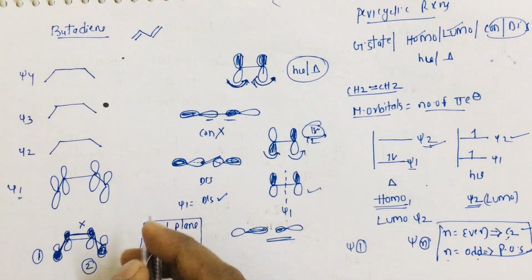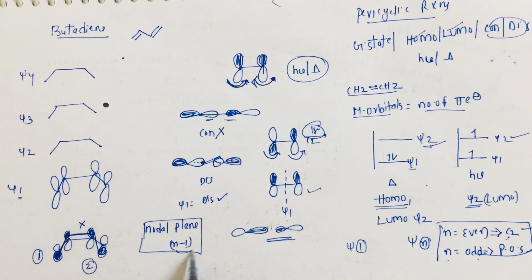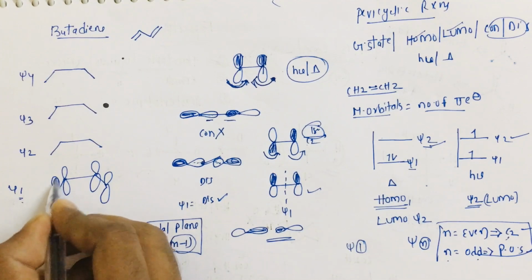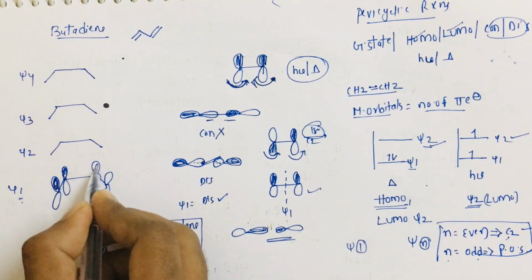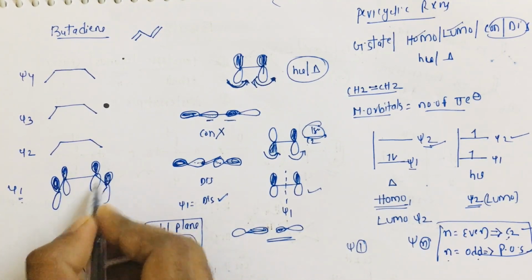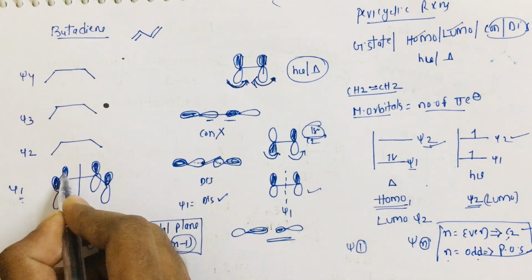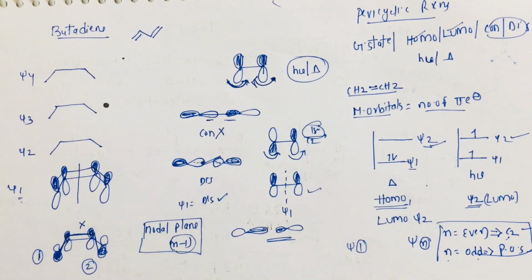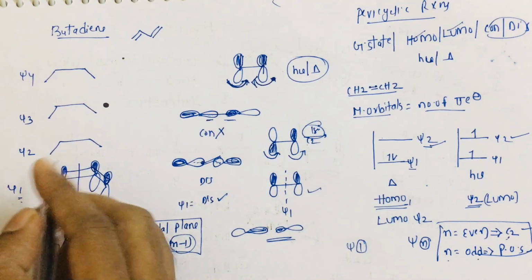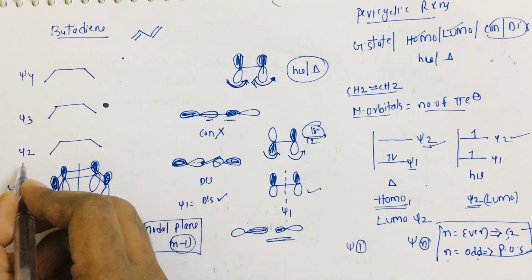Okay, for psi 1 the number of nodal planes has to be 0, because n minus 1 equals 0, that means 1 minus 1 equals 0. That means we have to keep all in the same direction. Okay, see, there is a plane of symmetry, and the nodal planes are 0. And then we'll go for psi 2.